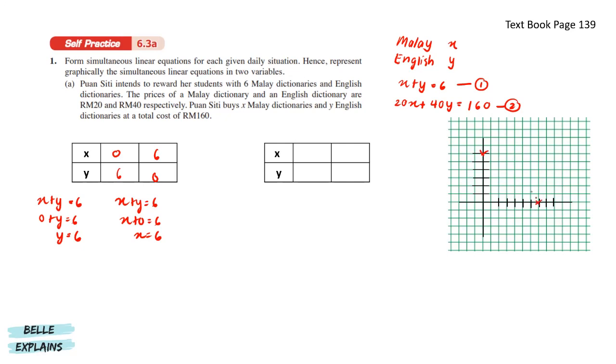And next for equation 2, if x equals 0, let's sub that in and we get the value of y. And y equals 4. If y equals 0, let's sub that in and we get the value of x.